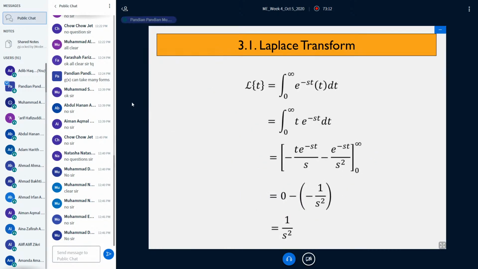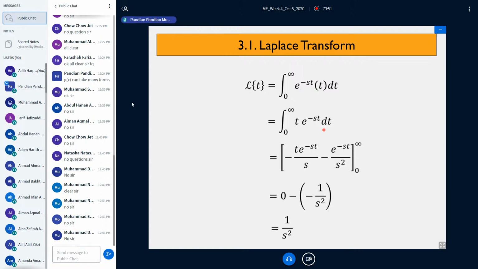So e minus st times t dt, you can rewrite as t e power minus st dt. This one, integration by parts: you must use the formula for u dv. So your u is t, and your dv is e minus st.